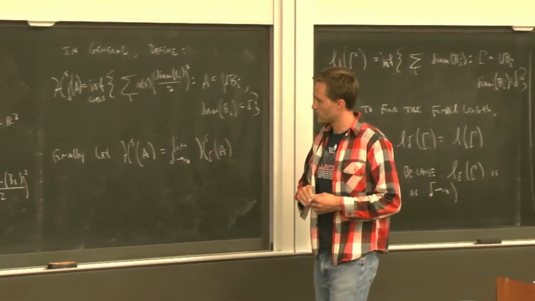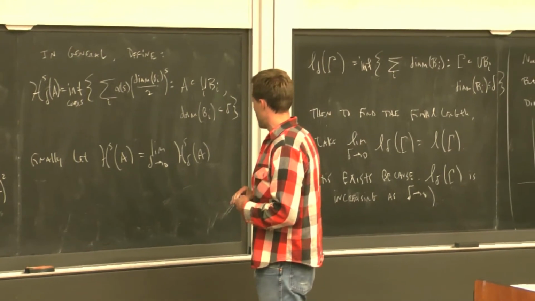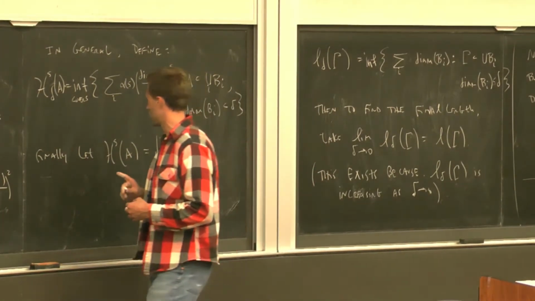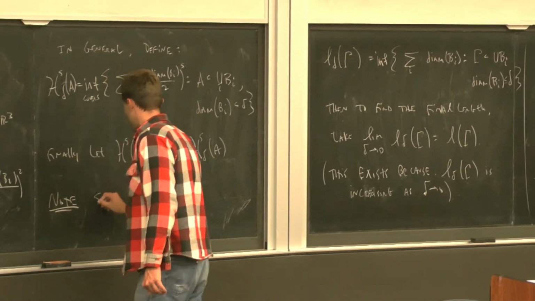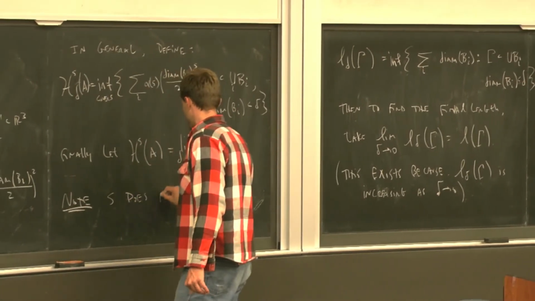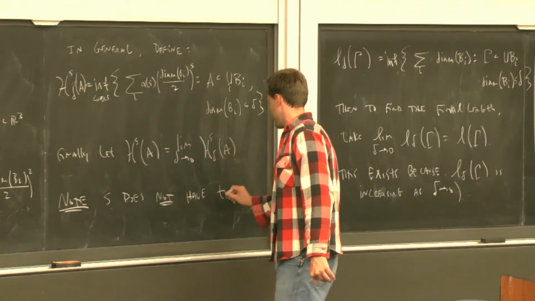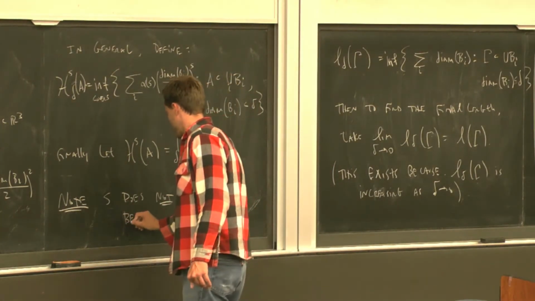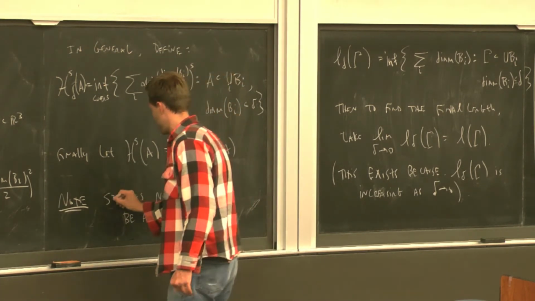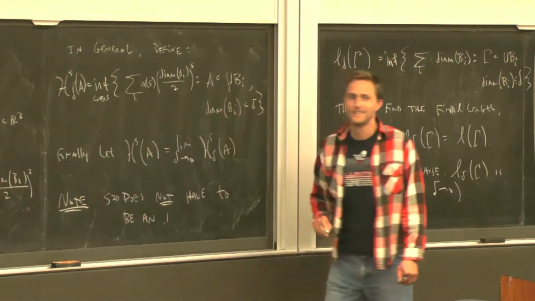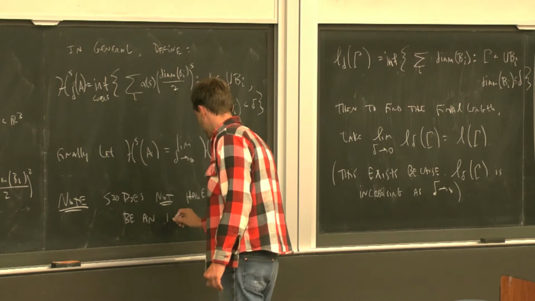Note that in this definition, S does not have to be an integer. But we do want it to be bigger than or equal to 0, non-negative, but it does not have to be an integer.